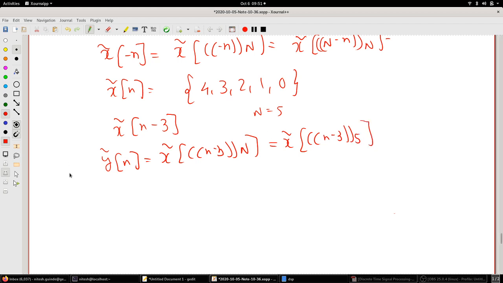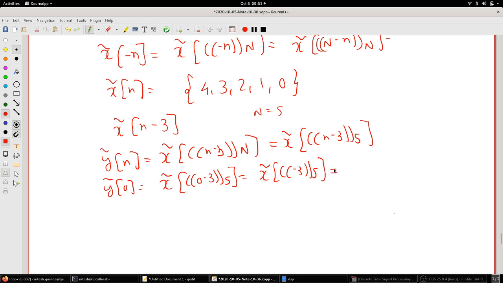Now we will start. So y tilde of 0 is x tilde of 0 minus 3 mod 5. So that is equal to x tilde of minus 3 mod 5. We have seen that if it is x of minus n mod n, it's n minus n mod n.